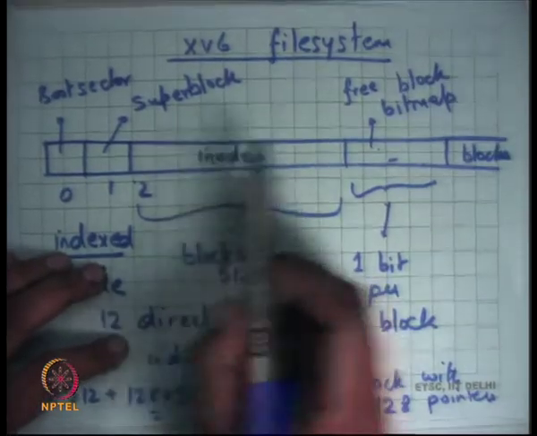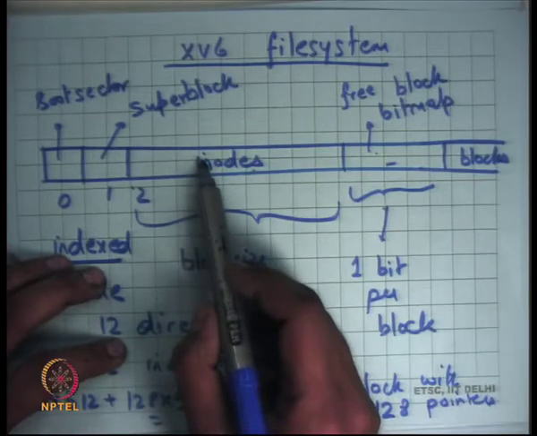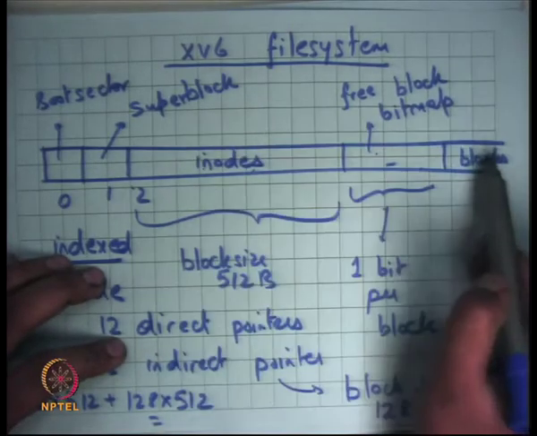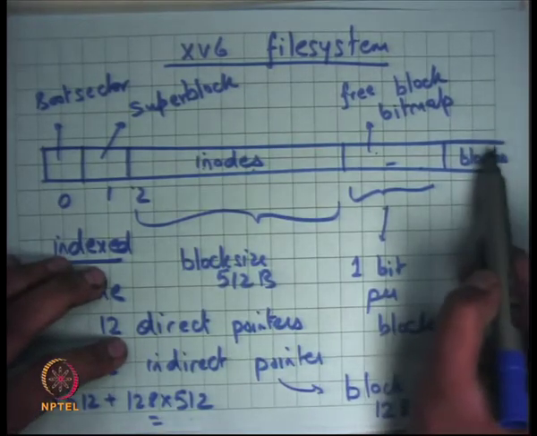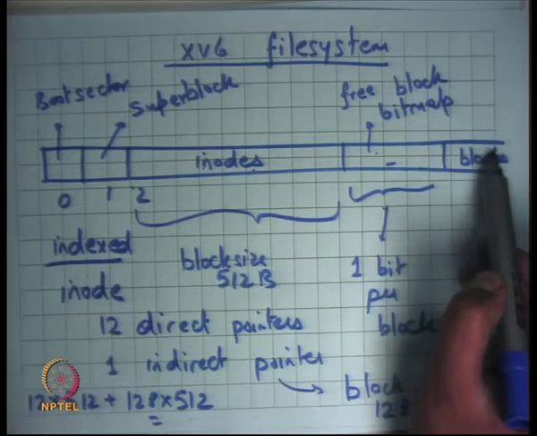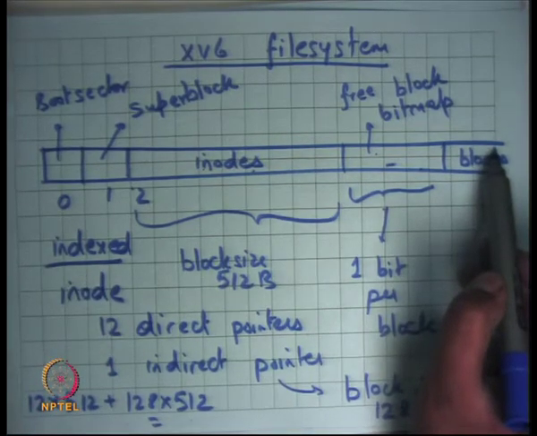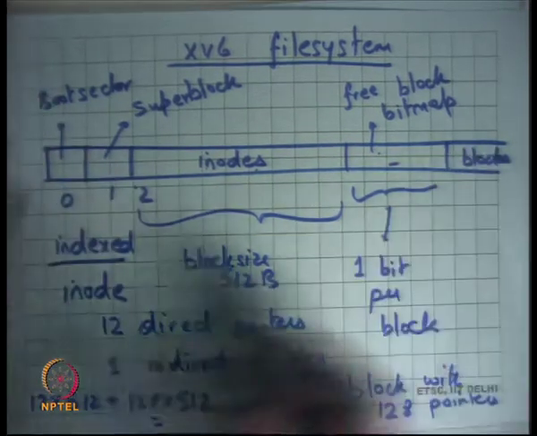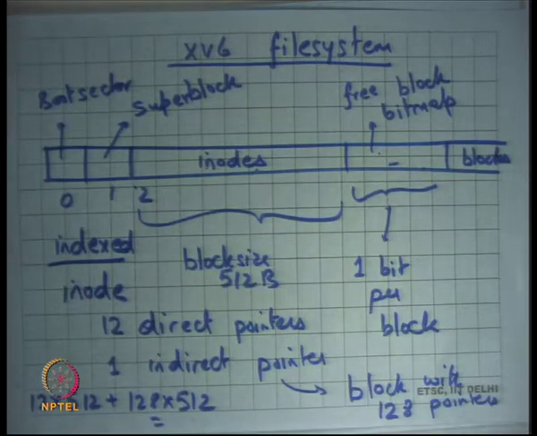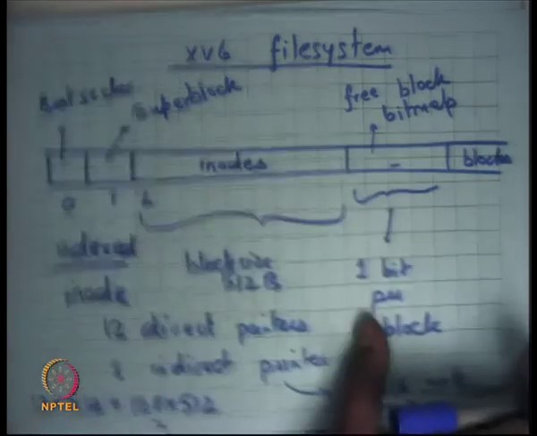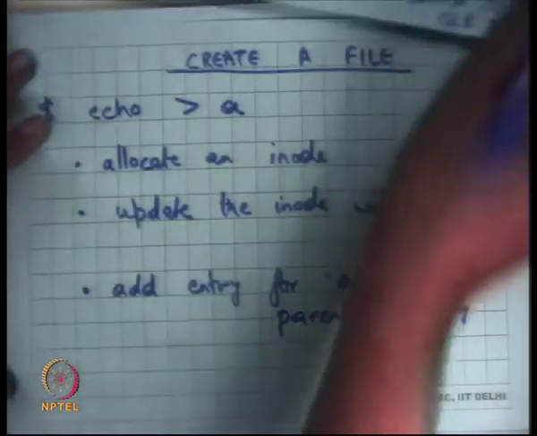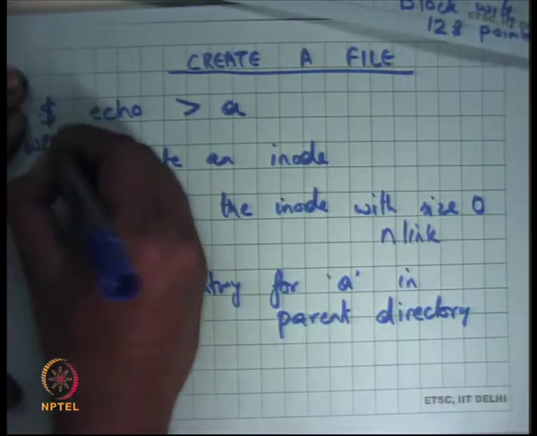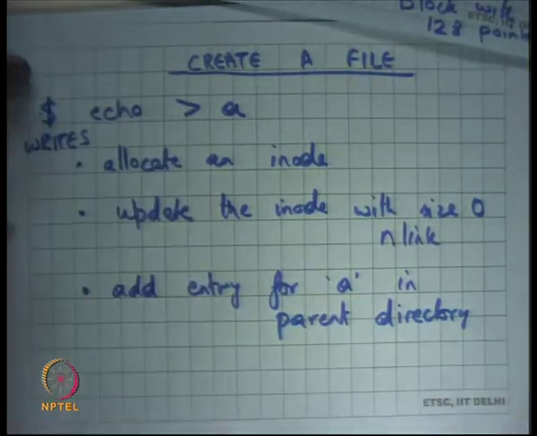Assuming that you look up the parent directory's file, and so the file contents are going to live somewhere here, and there you append to the directory's file another directory entry which has name equal to A and inode number equal to whatever you allocated, whatever you found earlier, right? So that's another disk write. So I'm actually just counting the number of disk writes. I'm not counting the disk reads at all here, right?